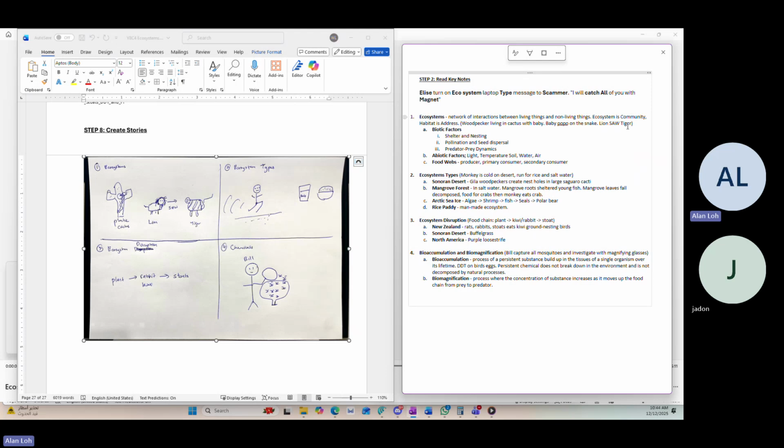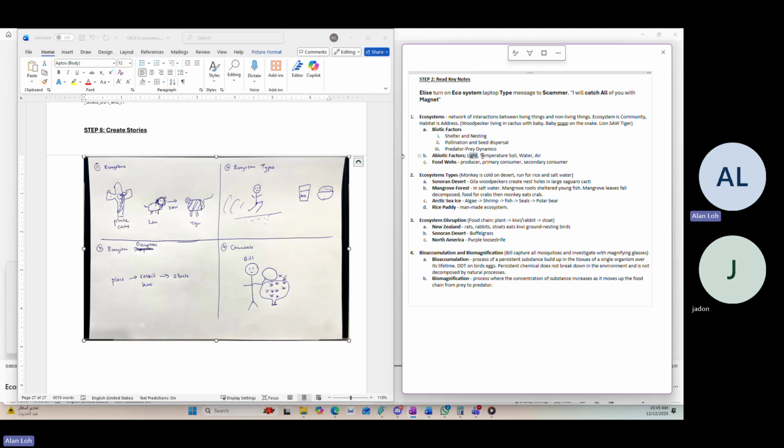Then lion saw tiger. Lion saw tiger is reflecting this one. Light is the lion, L for lion, L for light. And the lion is usually the sun of the animals, so sun is also associated with light. Saw tiger, SAW. S is soil, A is air, W is water. Tiger is temperature.